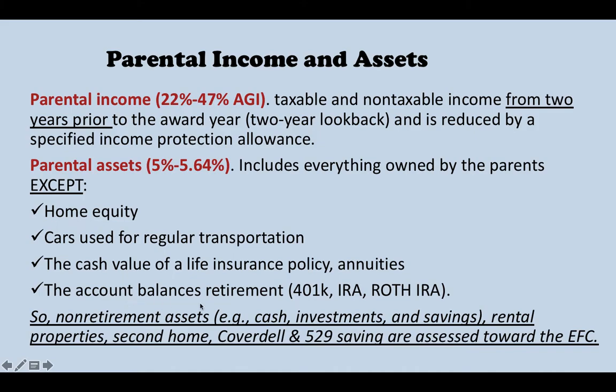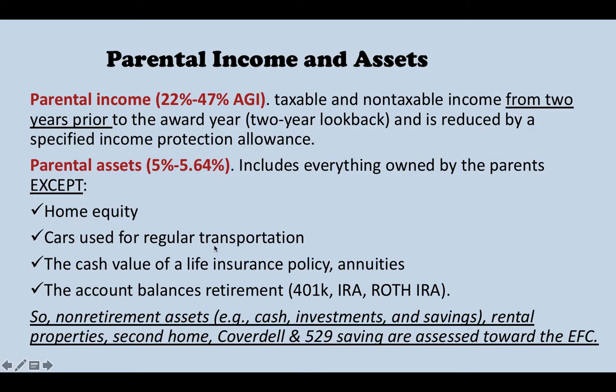Then the account balances of retirement accounts, like a 401k, IRA and Roth IRA, are also not included. What does this tell you? All those other assets are counted at 5% to 5.64%.